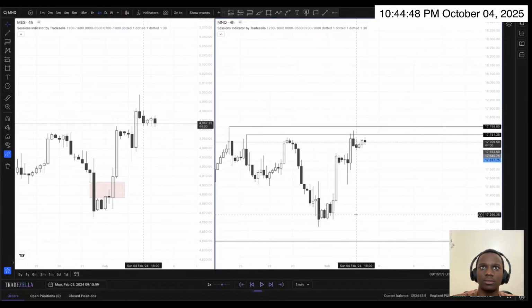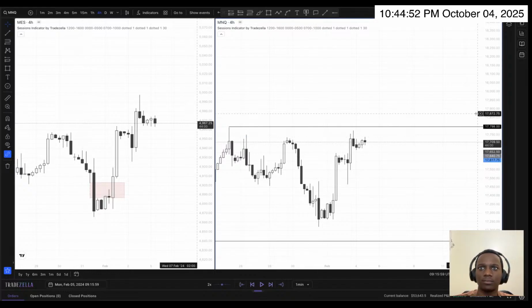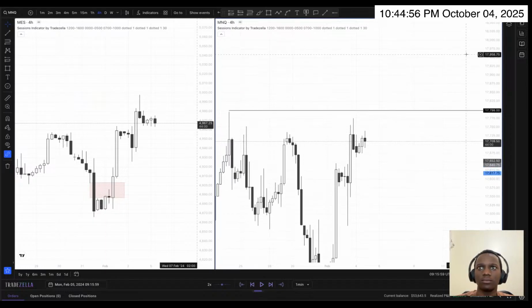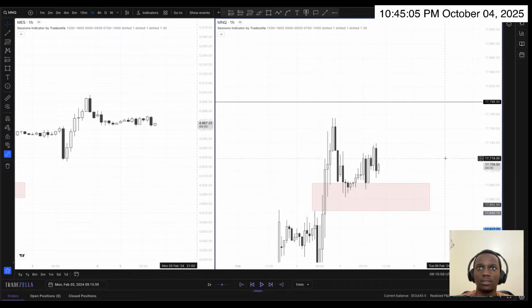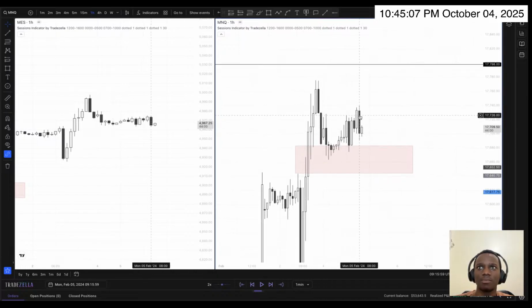Raise in the 4 hour, we've hit a target here. We're in the February gap, 1 hour. The 1 hour is pretty crazy. It's Monday the 5th.